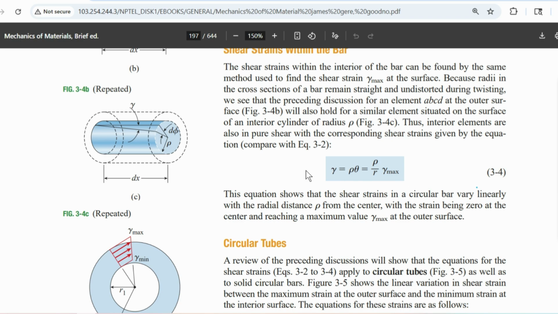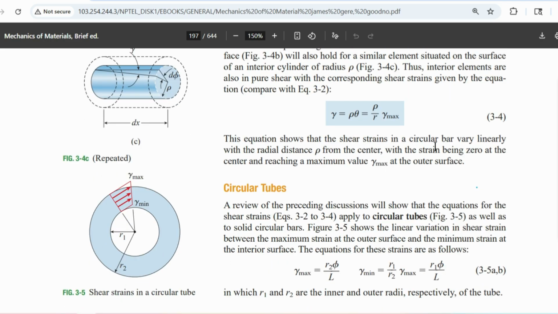It's not an x squared, it's just a linear relationship. So if I'm at the center, this is 0, and if I'm at the surface, it's max. This equation shows that the shear strains in a circular bar vary linearly with the radial distance rho from the center, with the strain being 0 at the center and reaching a maximum value, gamma max, at the outer surface.